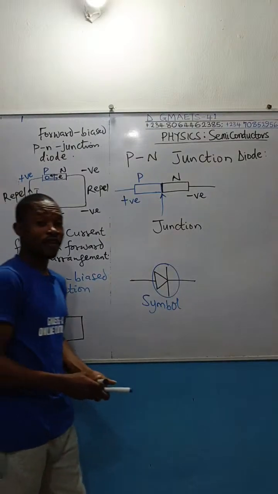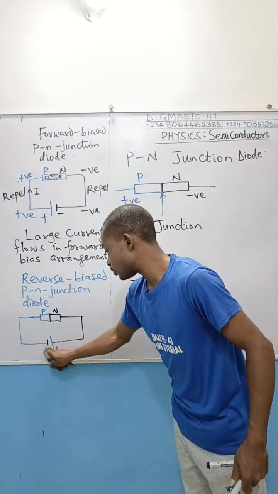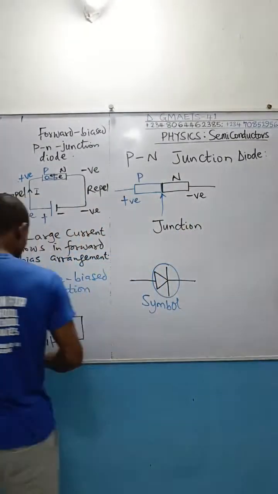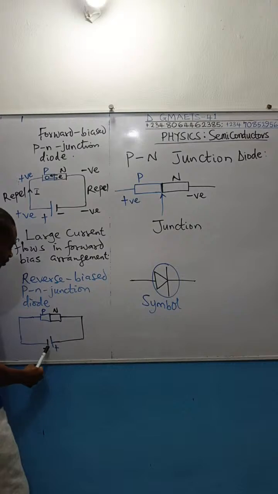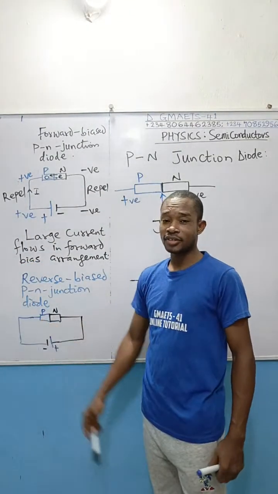You reverse the arrangement of the cell. The positive terminal of the cell will be connected to the negative type semiconductor. The negative terminal of the cell will be connected to the positive side.